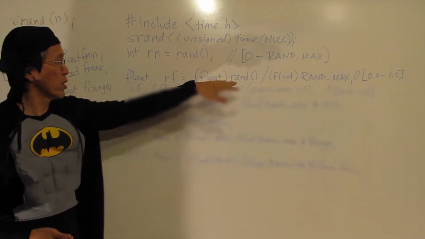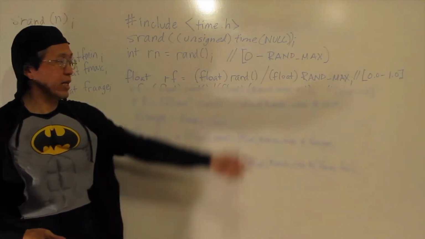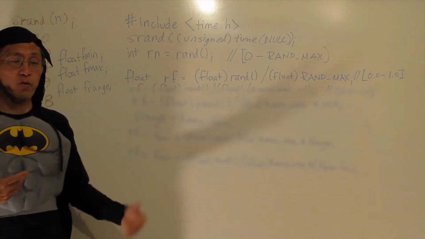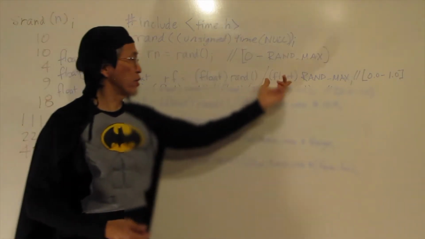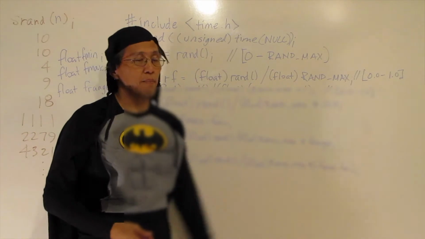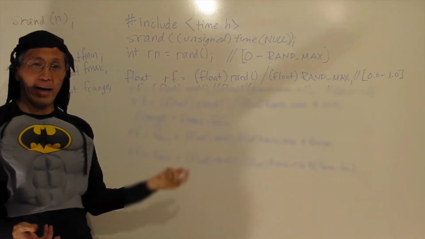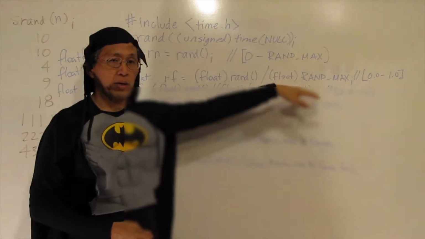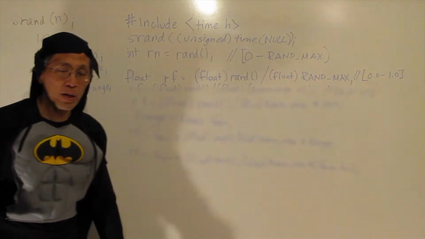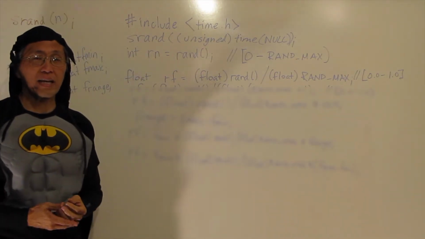So float(rand()) is going to make rand into a float for this operation. Then we divide by float(RAND_MAX), which makes RAND_MAX into a float for this operation. That way we get floating point division, and I can have some decimal points in there.